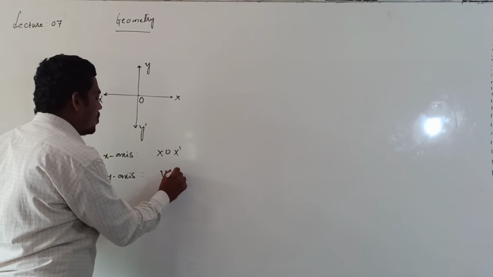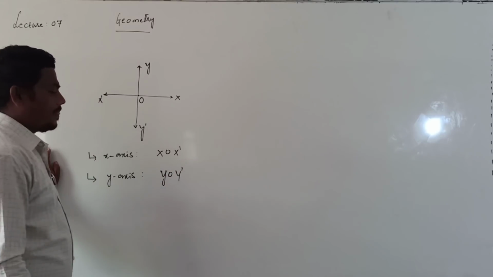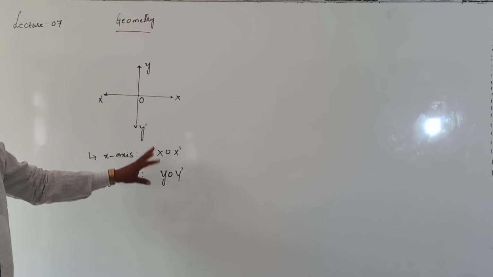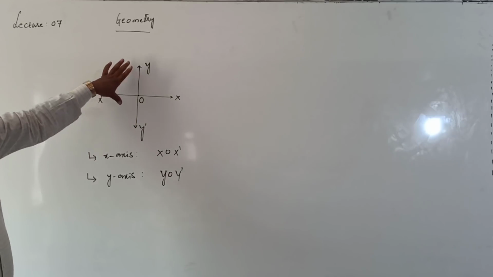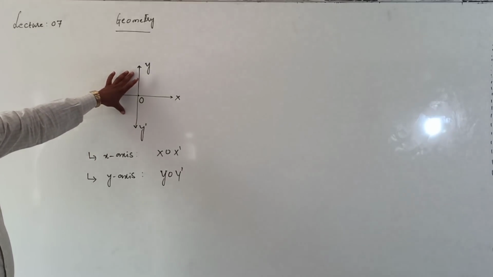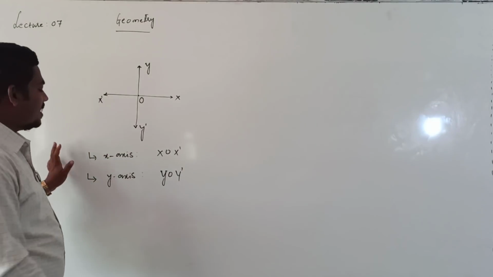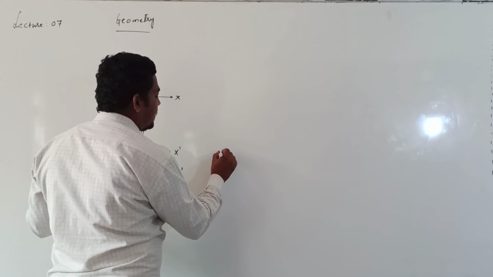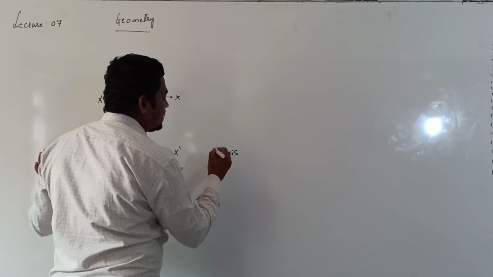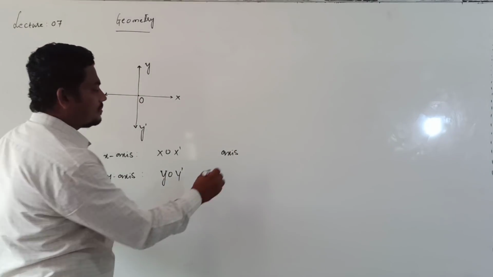Y prime. It should be vertical. The vertical line y prime is called y-axis. And one point, AXIS, it is singular.